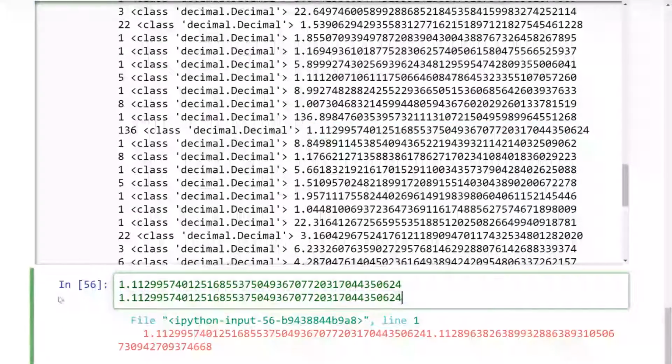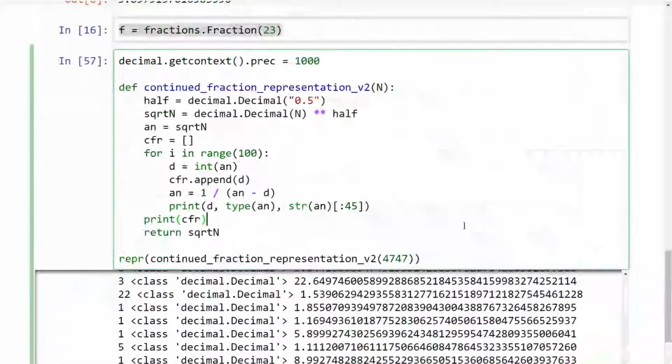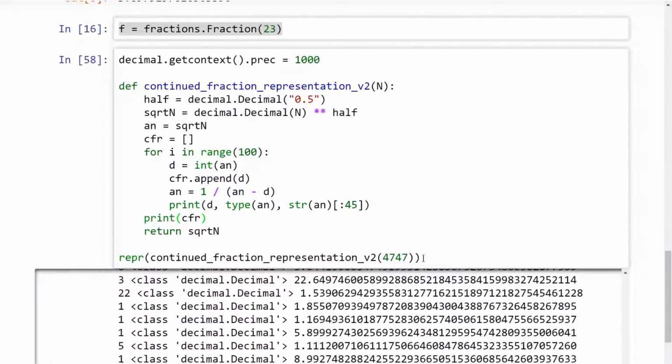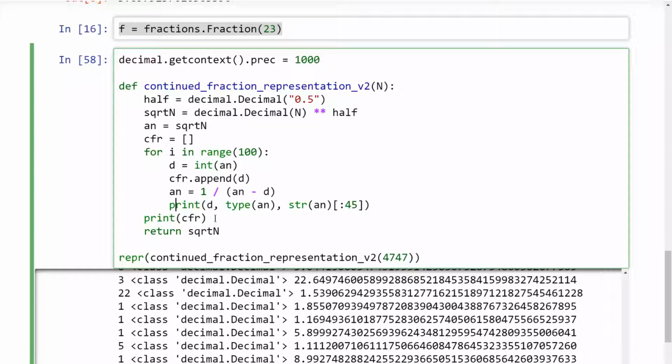So we can try this. Oh, looks the same. It was fast. Is it really that fast?